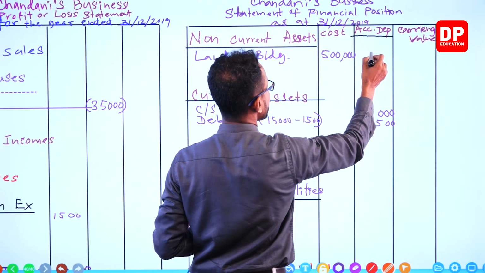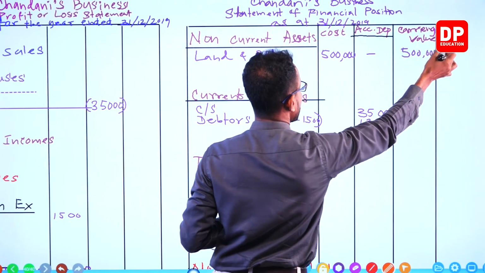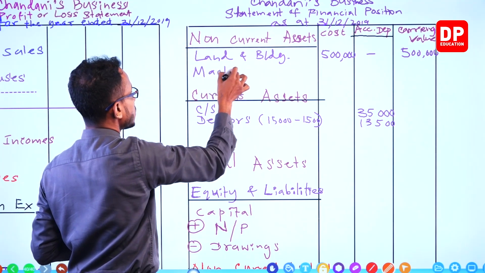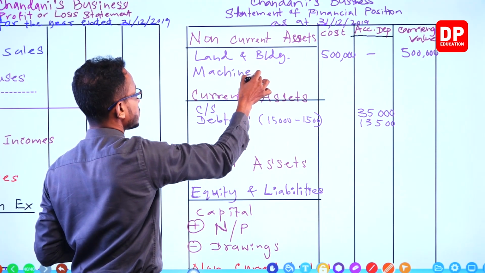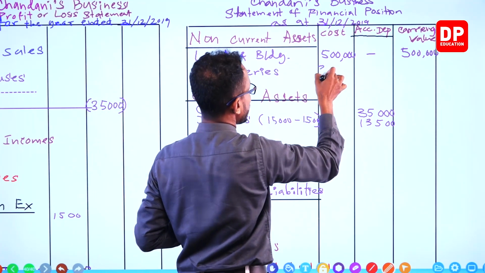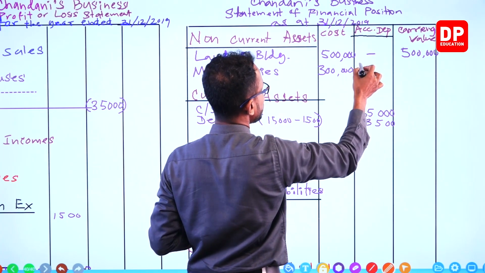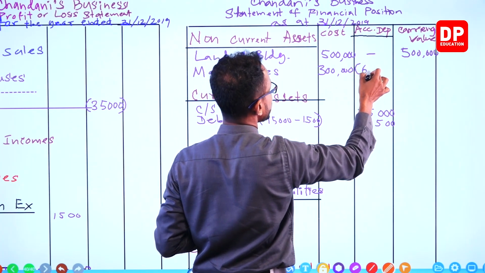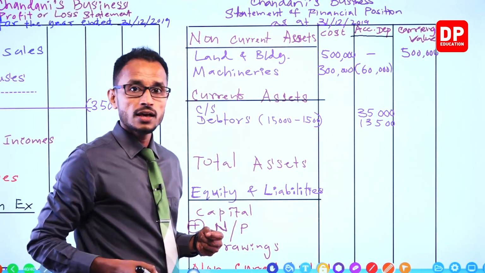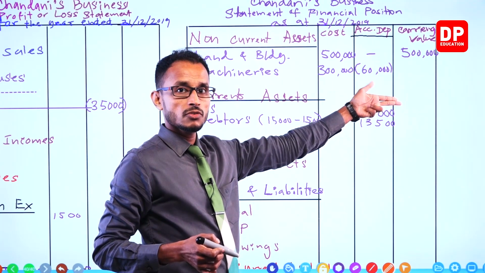No depreciation, so the carrying value also 500,000. Now we'll put machineries. Nice and shine. Machineries. No problem. Remember 300,000. Accumulated depreciation is 60,000. Yeah, and the carrying value is 240,000.